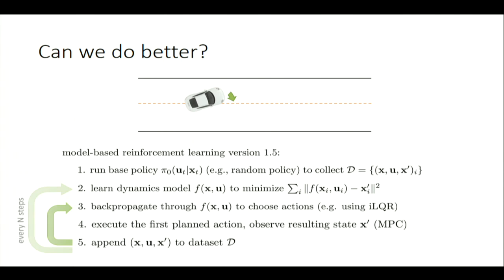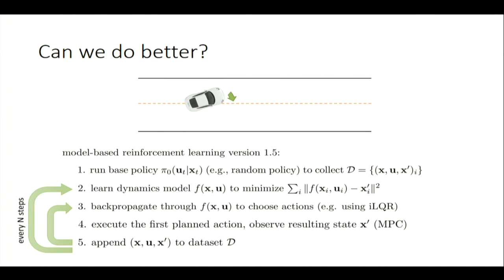And then there's an outer loop where once you've done this enough, you actually learn your dynamics model. Depending on how you implement this, you could have a really cool multi-threaded implementation where everything is running in parallel and you're training your model as you go, or you can just have an episodic formulation where you run MPC for a certain number of episodes and then just update your model here in step 2. So this is kind of a double loop type of implementation.